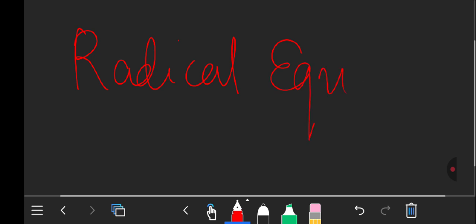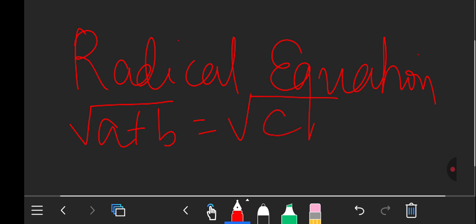radical equations, should I say, there is something you need to do to a certain equation. Radical equations are usually given in the form of maybe a plus b is equal to root of c. There is something you need to do to these equations in order for you to be able to solve them.